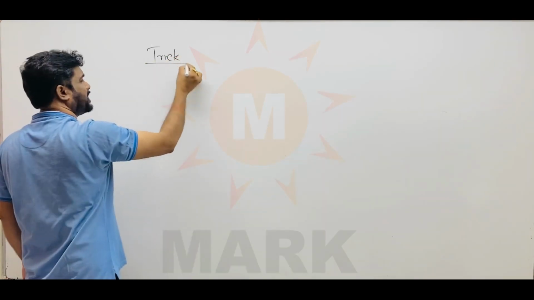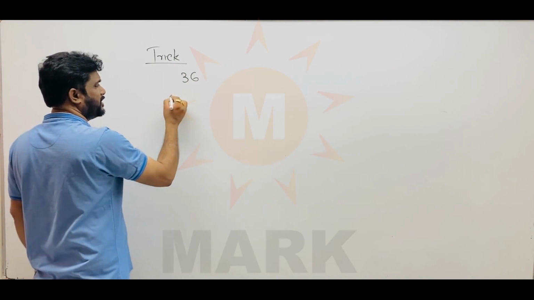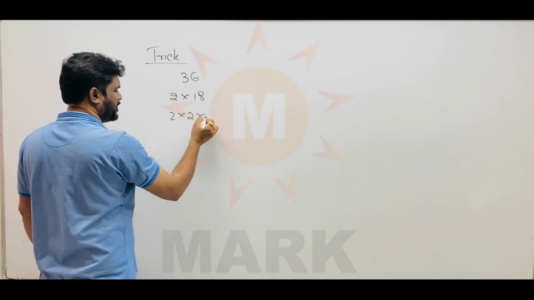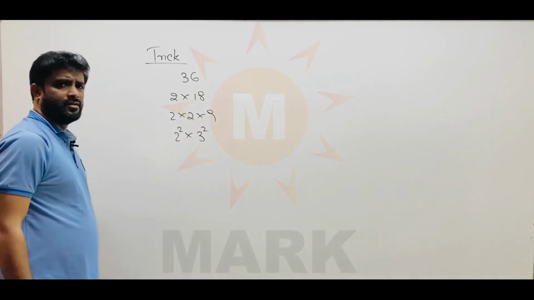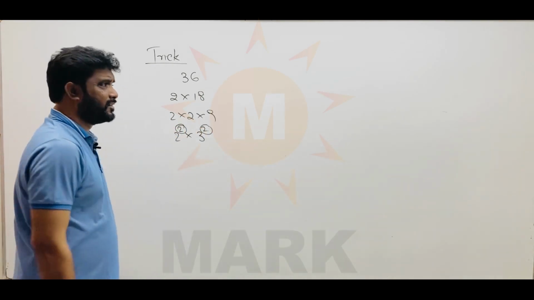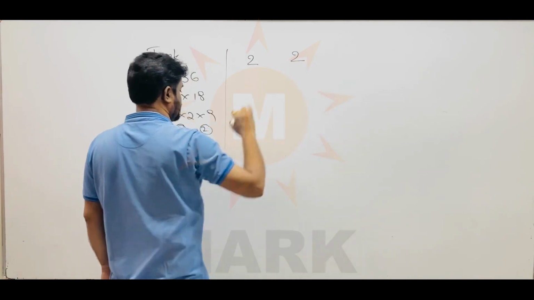Now we are going for the trick. Take 36, prime factorize it. That is anyway compulsory. So 2 into 18, so 2 into 2 into 9. Finally we can write 2 square into 3 square. Then we take these powers, that is 2 and 2.